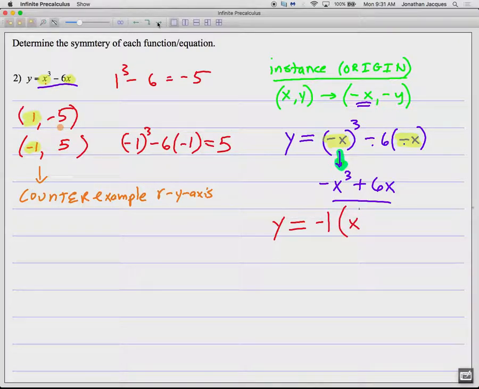When I do, I get negative x cubed minus 6x, which literally means the opposite of the original, which to me is proof that this has origin symmetry.